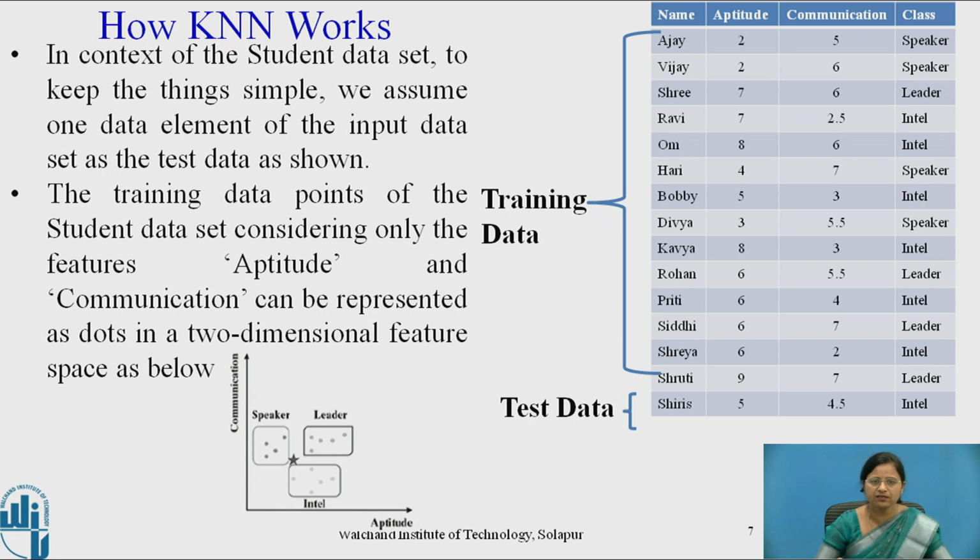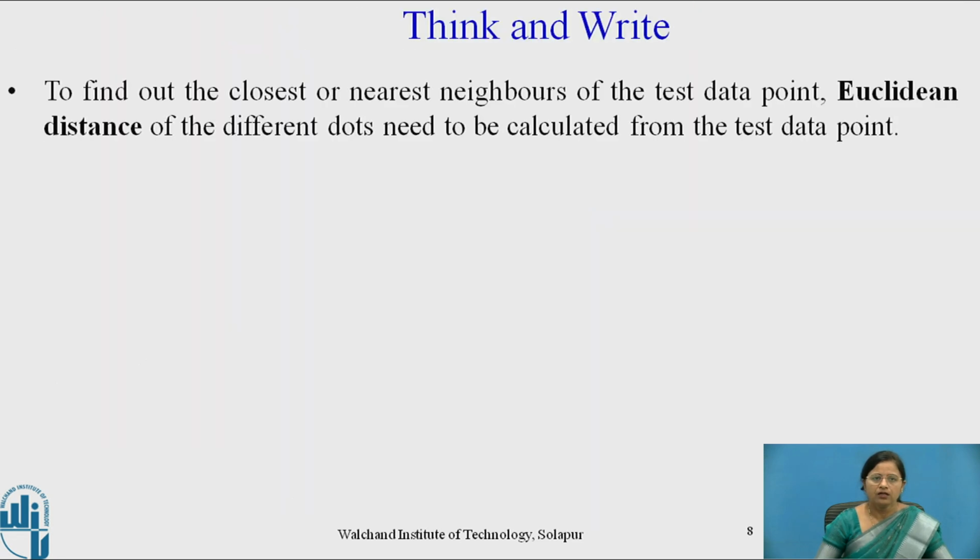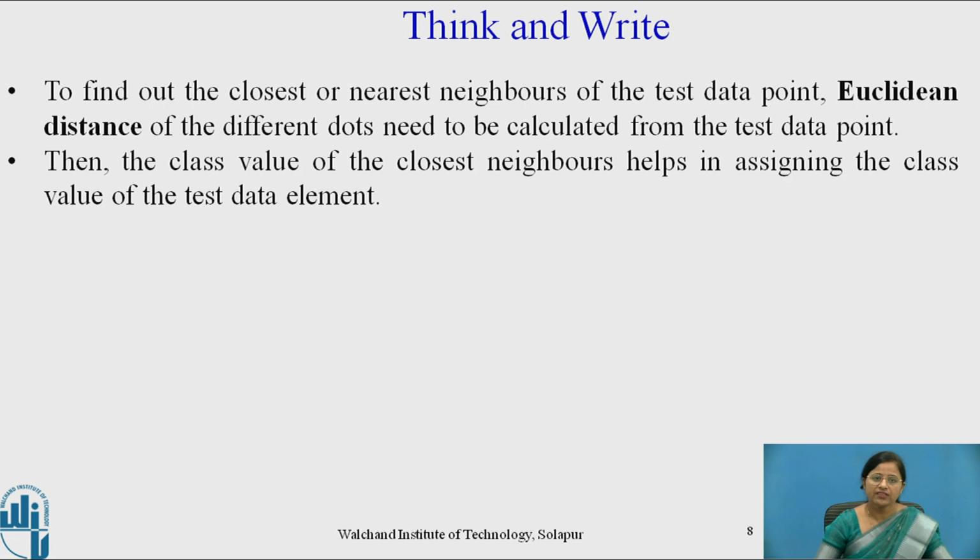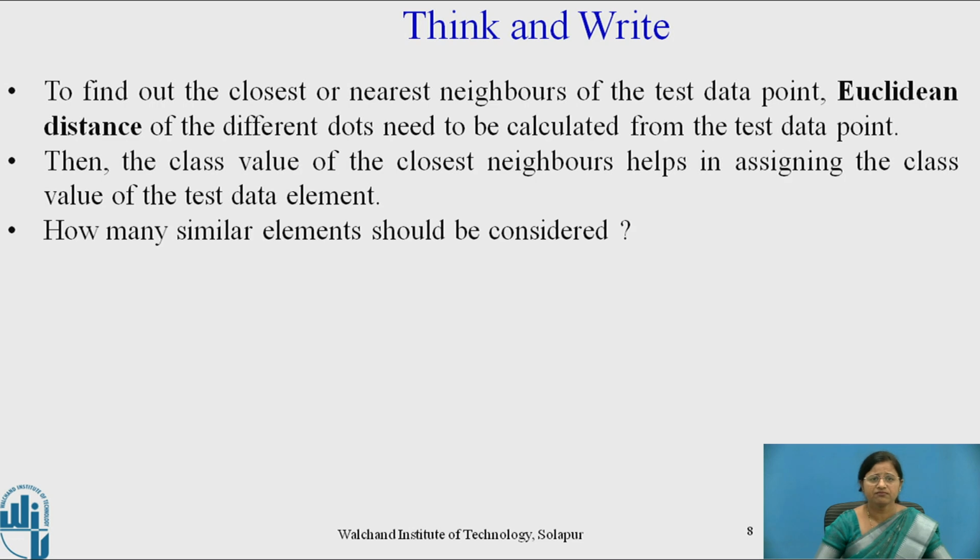For example, speaker, leader and intel are clustered together. To find out the closest or nearest neighbor of the test data point, the Euclidean distance of the different dots needs to be calculated from the test data point. Then, the class value of the closest neighbor helps in assigning the class value of the test data element.